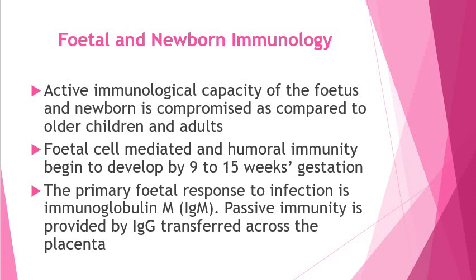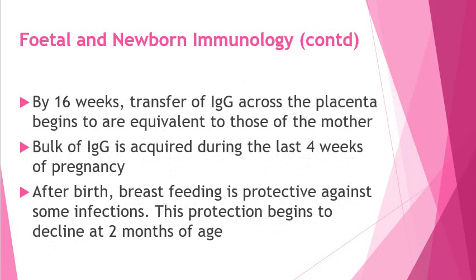Passive immunity is provided by IgG transferred across the placenta from the mother, whereas IgA cannot be transferred from the mother to the fetus. By 16 weeks, transfer of IgG across the placenta begins, and levels become equivalent to those of the mother, and the bulk of the IgG increase is during the last 4 weeks of the pregnancy.